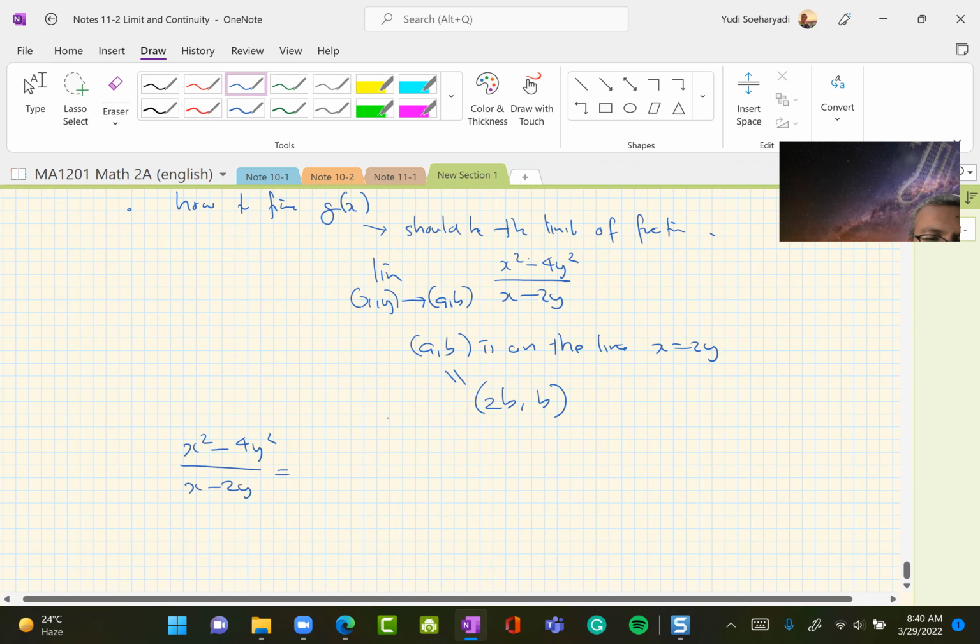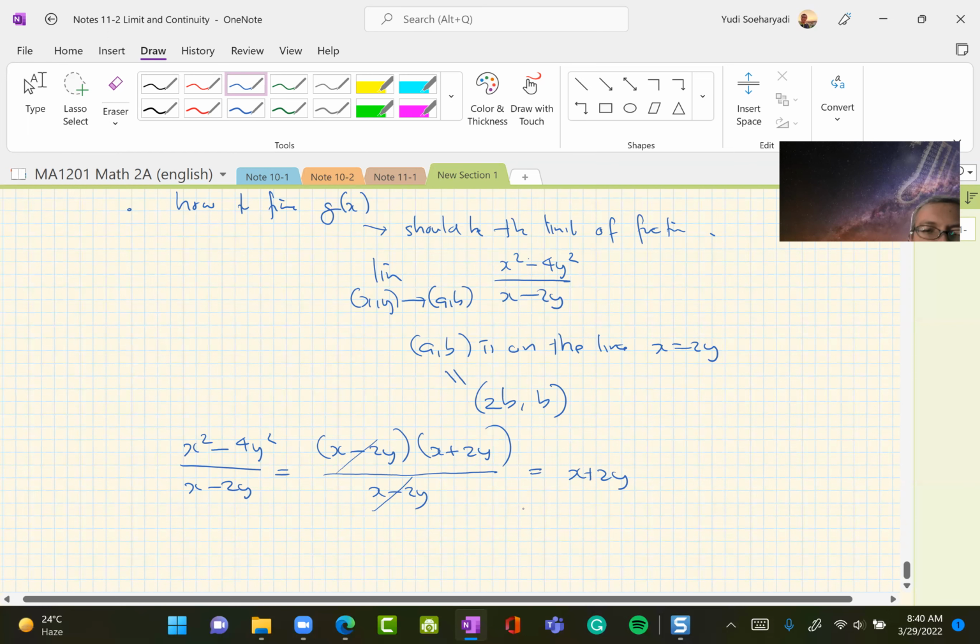You can factor this out, and here you can cancel this one. So as long as you're not on this line, you can compute this.